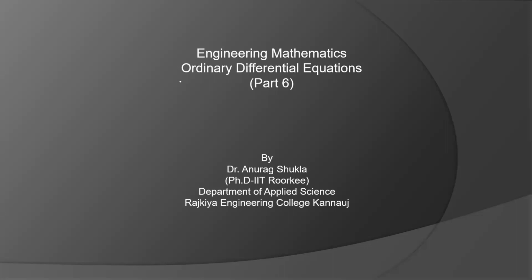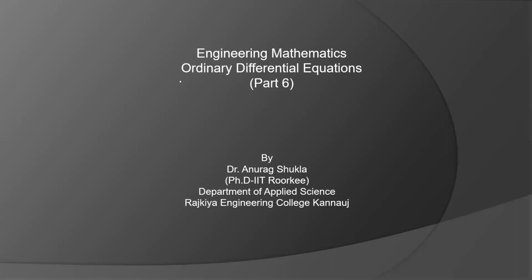In parts 1, 2, 3, 4, 5, we have studied what is a differential equation of nth order with constant coefficient and how to solve a linear differential equation with constant coefficient using CF and PI, complementary function and particular integral.